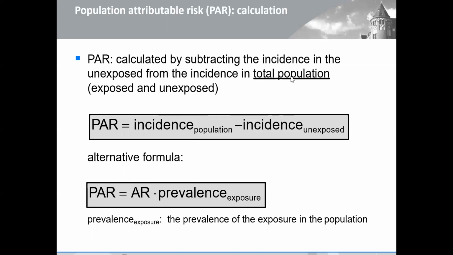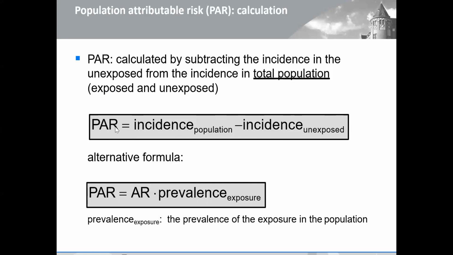Your total incidence in the population counts both exposed and unexposed, and your total population in our 2x2 table is A plus B plus C plus D. Your incidence is the cases in either exposed or unexposed. That's your population incidence. And your incidence in unexposed is easy, because you can get it.